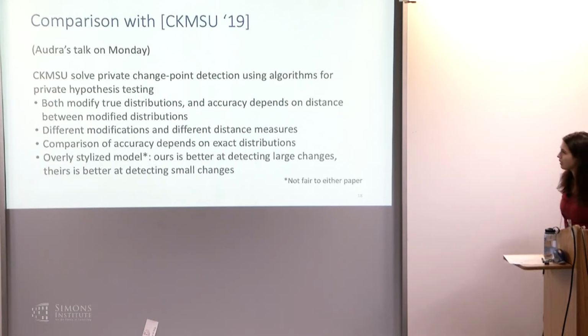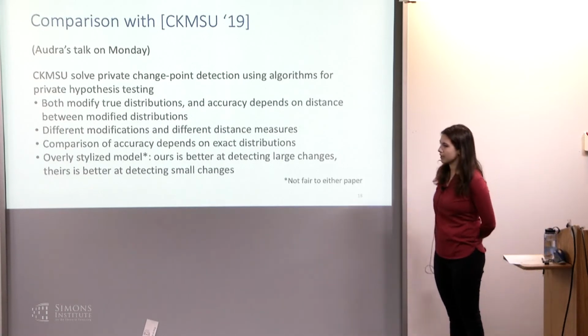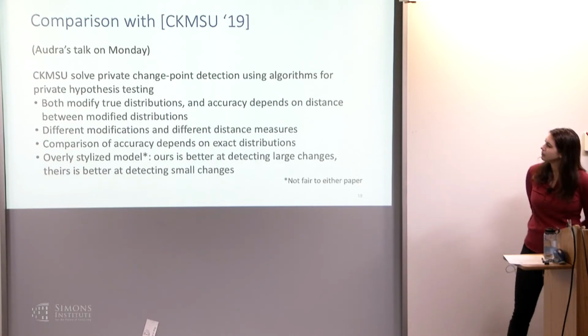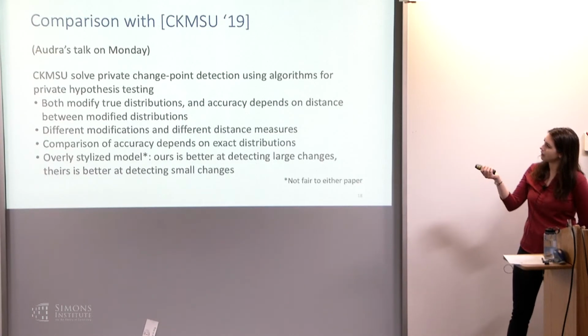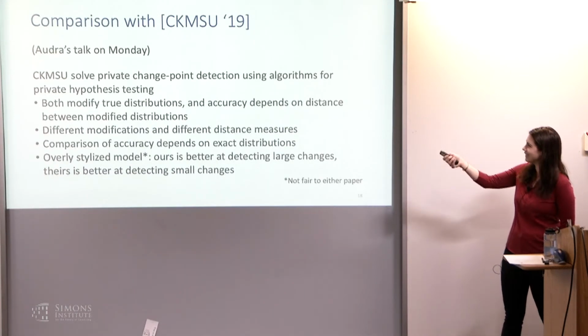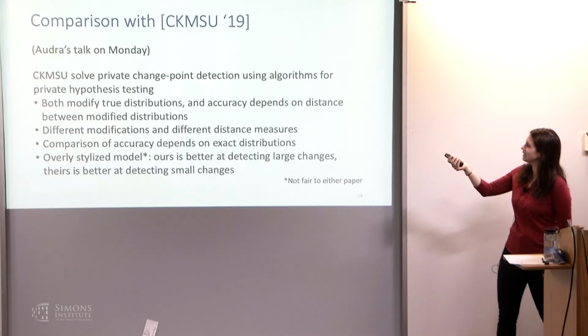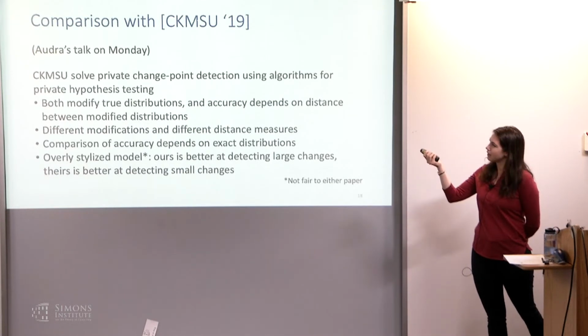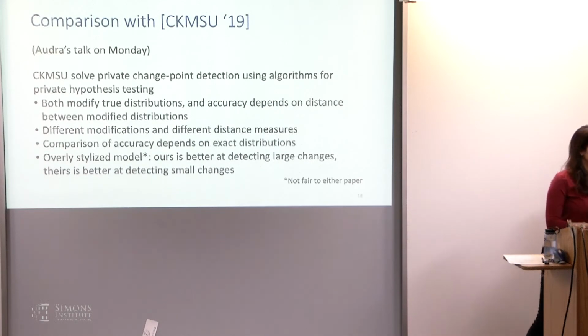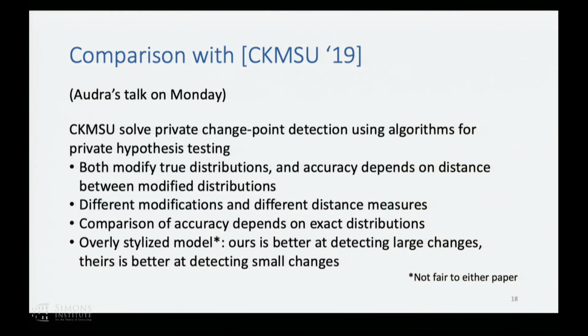I want to also compare this to a paper that came out about the same time, and we have a few of the authors here. I'm trying to map first names and last names: Clement, Gautam, Audra, Adam and John. This was in Audra's talk on Monday. If you were here, then you saw this talk. If not, it's recorded, and it's a great paper. It came out probably a couple months after ours.